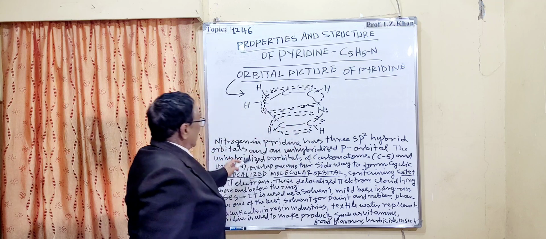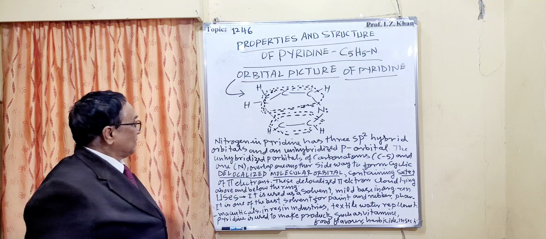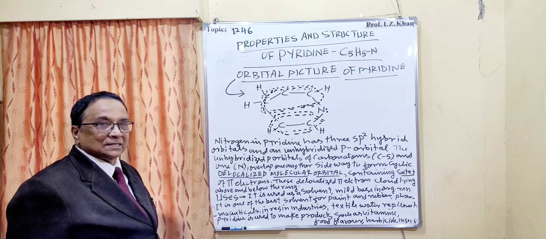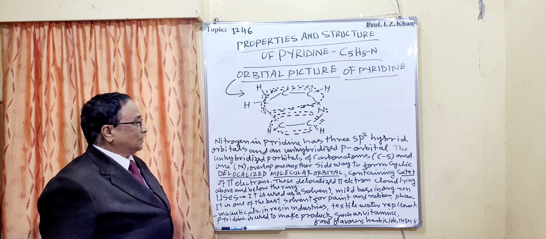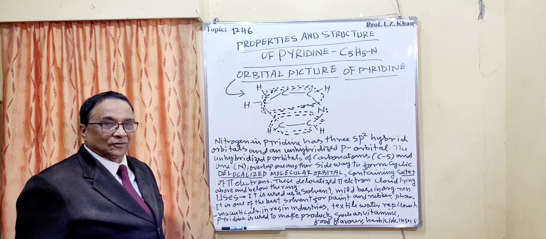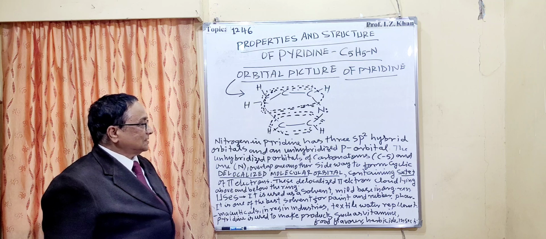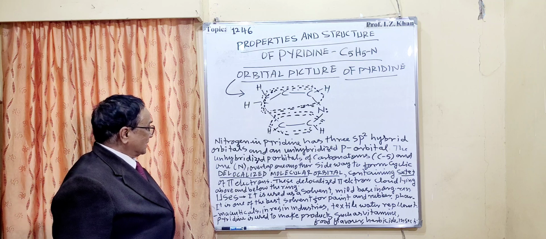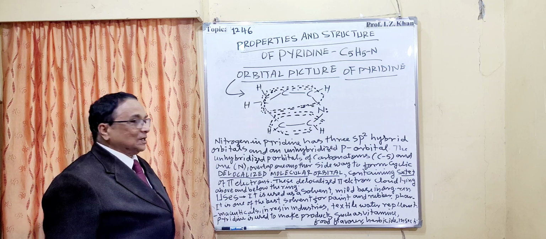electron cloud. And nitrogen in pyridine has 3 sp2 hybrid orbitals and an unhybridized p orbital. The unhybridized p orbitals of the carbon atoms, that is 5 carbons and 1 nitrogen, overlap one another sideways to form cyclic delocalized molecular orbitals.